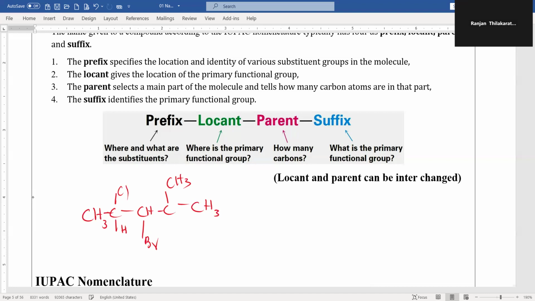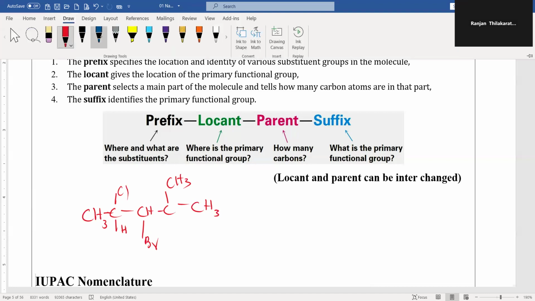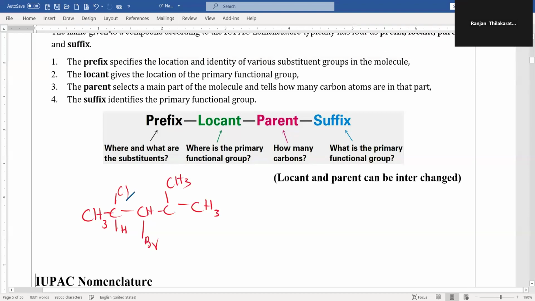See, you have chlorine, CH3, and bromine as the substituents. We don't get hydrogen as substituents. Other than hydrogen, all the other groups attached to a certain carbon atom are known as substituents.